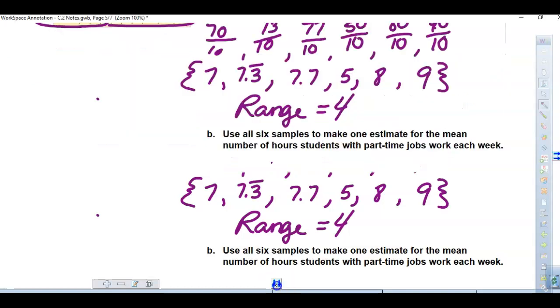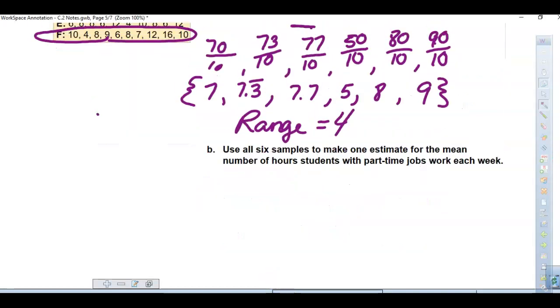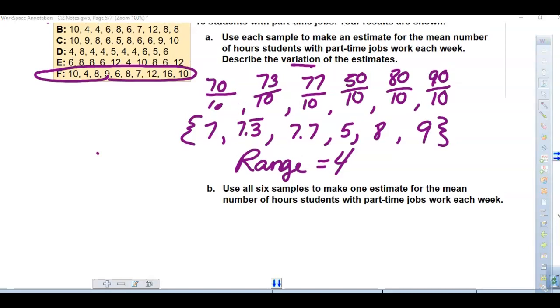Now we're going to use each of these samples and make one estimate. I have 6 schools in a district and I want to tell my public about, on average, how many hours a high school student works during the week. I've surveyed each individual school.